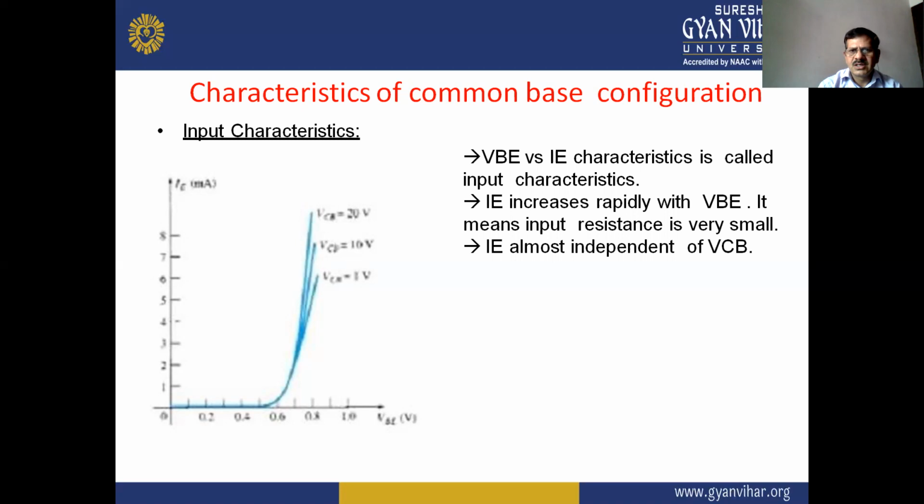Here the emitter current is almost independent of the base to collector voltage. So this is the input characteristics graph for the common base configuration.